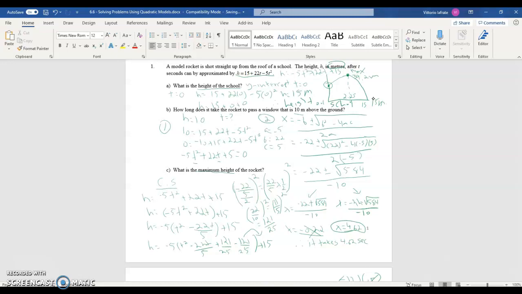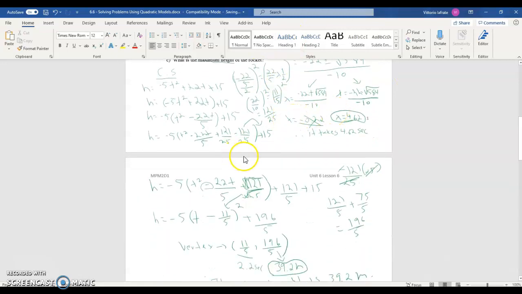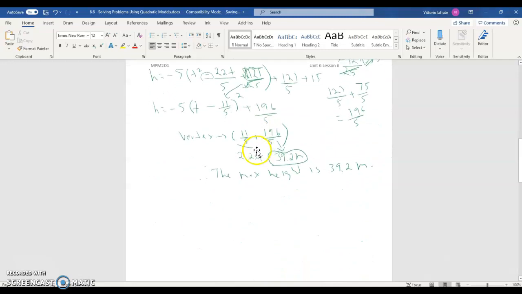I'm going to show you one last method to find the vertex that also works, but typically I want you to find it by completing the square. If you need to do it for a multiple choice, this might be a little bit quicker for you as well. One interesting way to find the vertex is to look at the b value in your equation. Let's go back and take a look at that. The b value in our equation is 22.